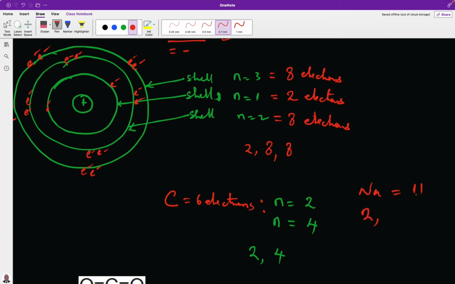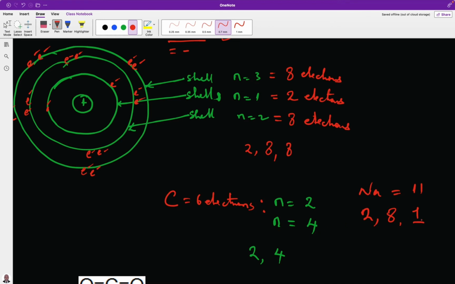The second shell will take 8, so from 11 electrons, we have already consumed 10 electrons. So the last electron will be 1. It therefore means that sodium has 1 electron in the outermost shell, and carbon has 4 electrons in the outermost shell.